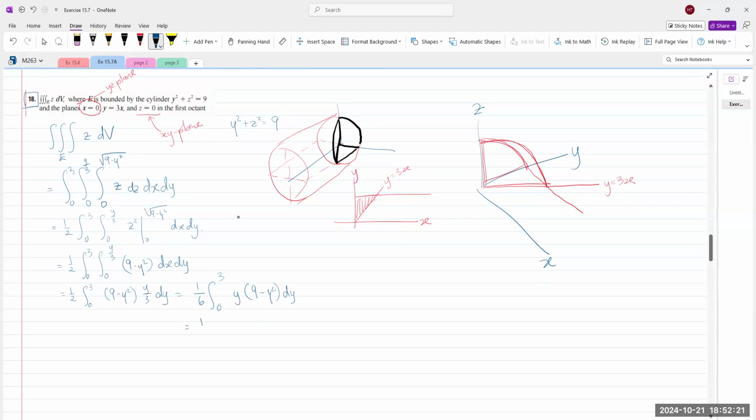Okay, so this is 1/6 times 9/2 y squared minus 1/4 y to the 4th, from 0 to 3. I'm sorry, not 0 to 9, 0 to 3.